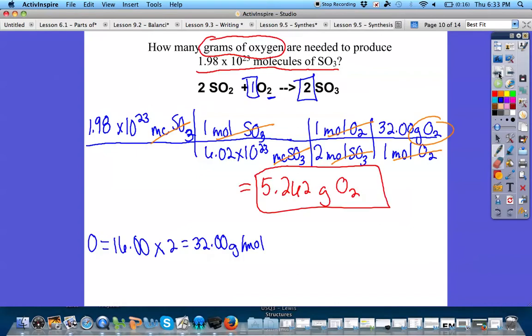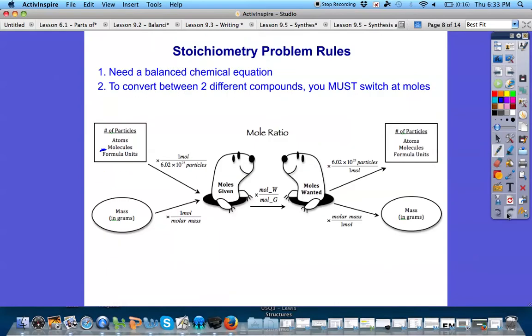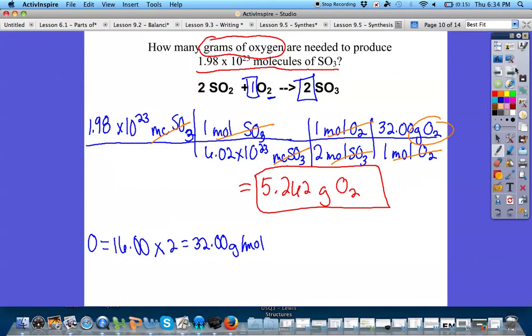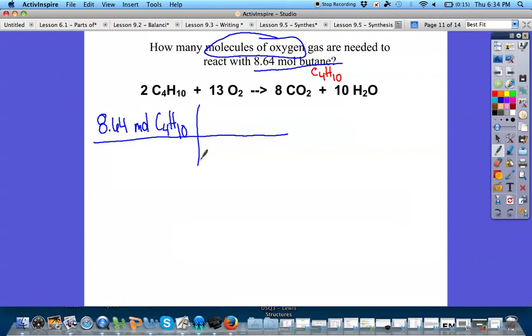So in this case, we are going to start here with our moles of C4H10, and we're going to go here to molecules of oxygen. So in our chemical equation, we have 2 moles of butane. We use that mole-to-mole ratio since we're starting with moles.